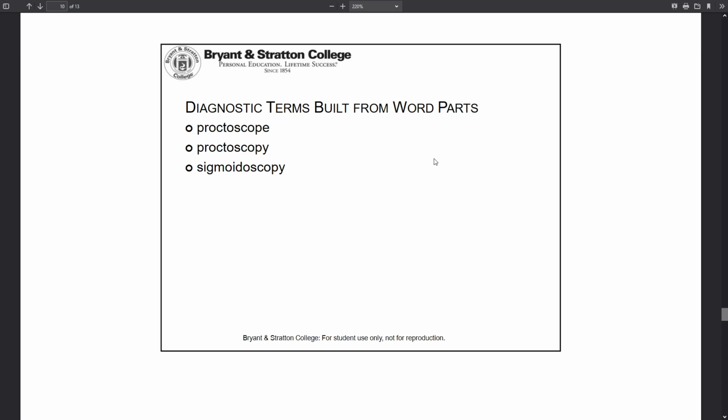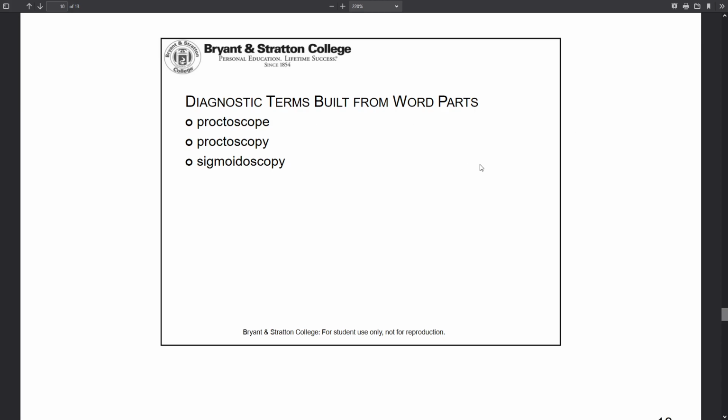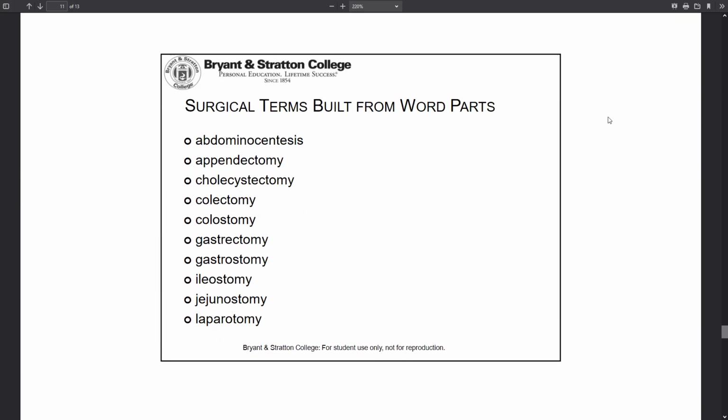So again, diagnostic terms, word parts: proctoscope, endoscopy, sigmoidoscopy. Again, these are two very specific areas that are being looked at with scopes. Abdominocentesis. Remember, we had a thoracocentesis previously. This is just a puncture where we're going to be draining fluid.